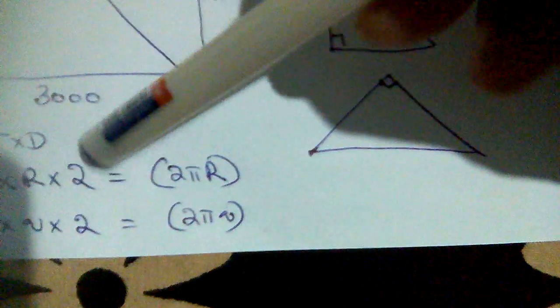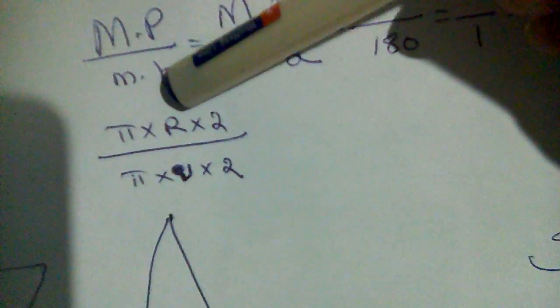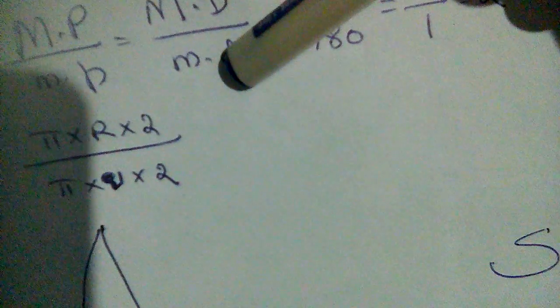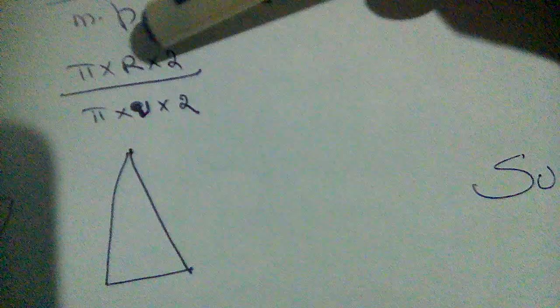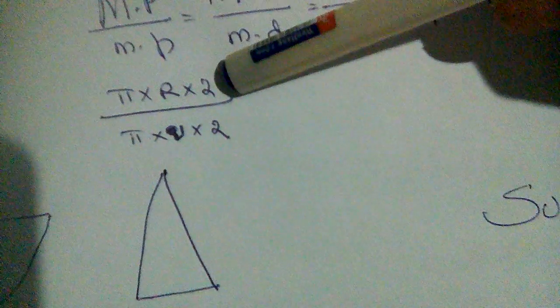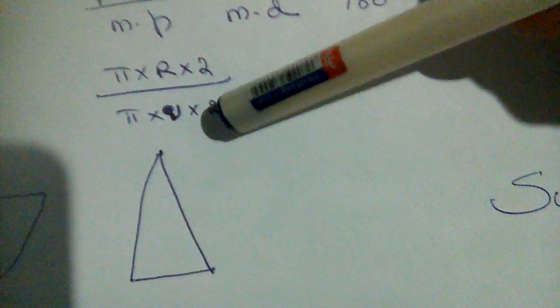I told you about it when I taught you this line. Major perimeter divided by minor perimeter, we have to find out. Major degree divided by minor degree, we got 2 by 1, that is 2. Instead of major perimeter, we can write pi into r into 2. Instead of minor perimeter, we can write pi into r into 2.